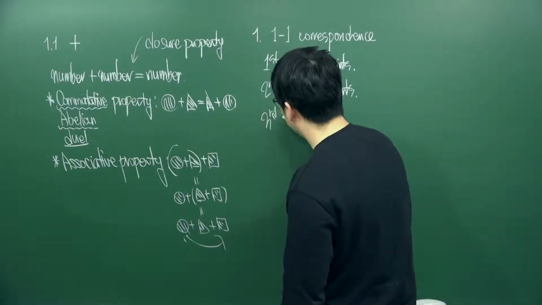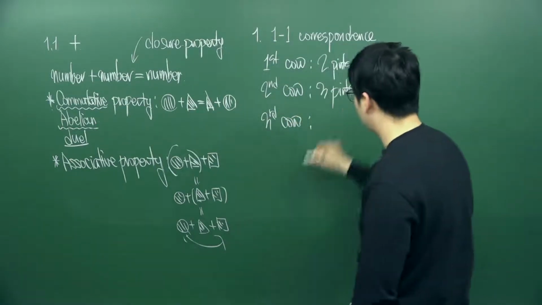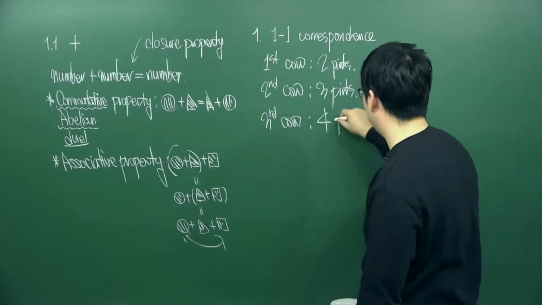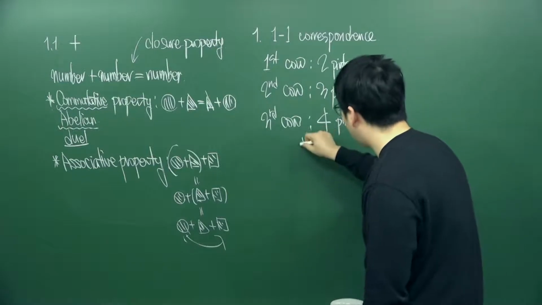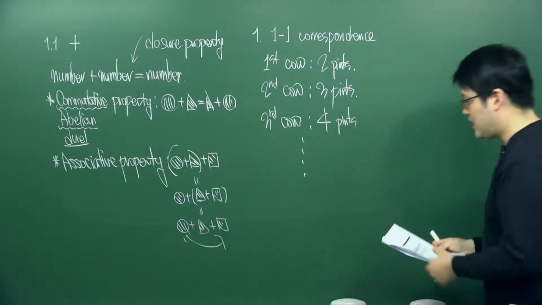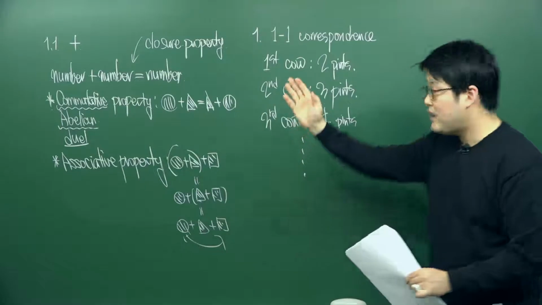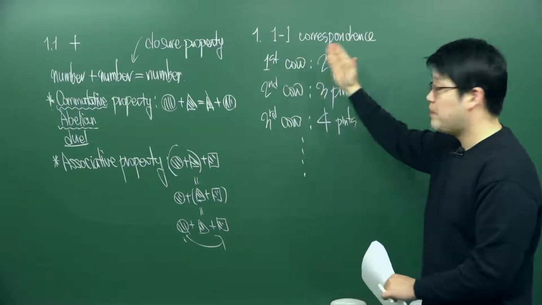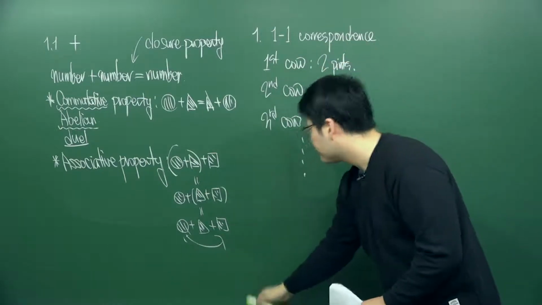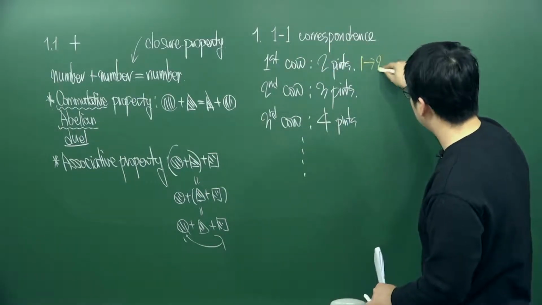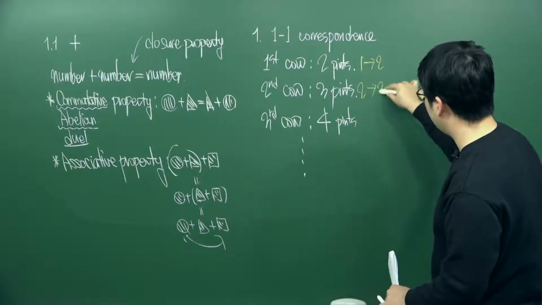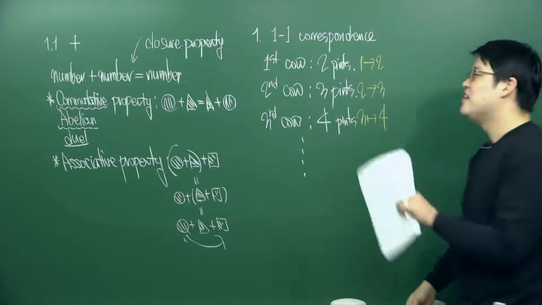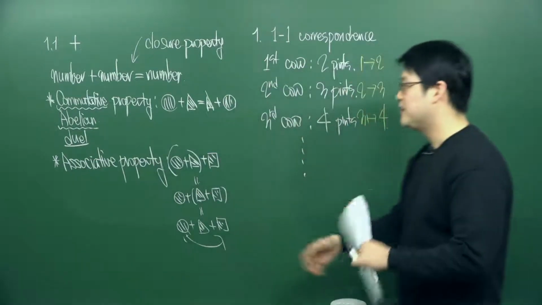It gives 4 pints of milk, and so on. So here's what's up. You can see the connection between 1 and 2, 2 and 3, and 3 and 4. They are one-to-one corresponding. We have a relationship. 1 is directly connected to 2. 2 is directly connected to 3. 3 is directly connected to 4. They are directly connected to each other.